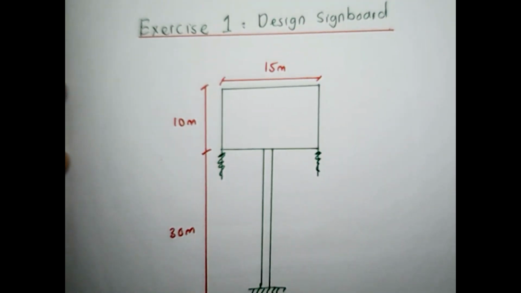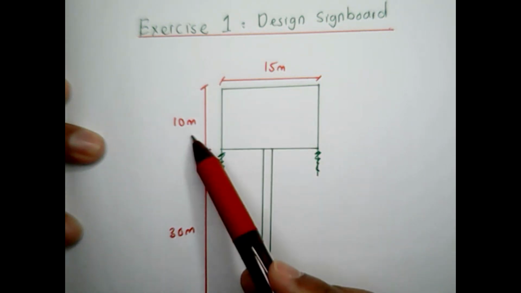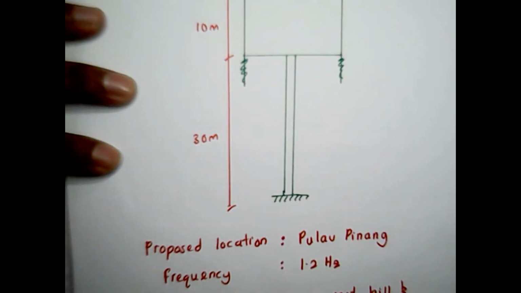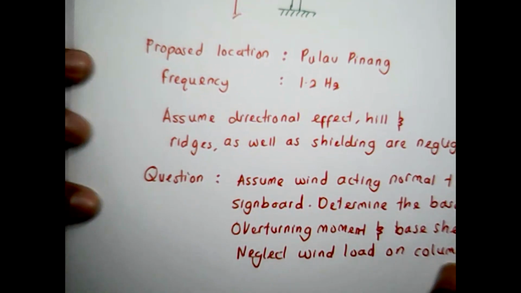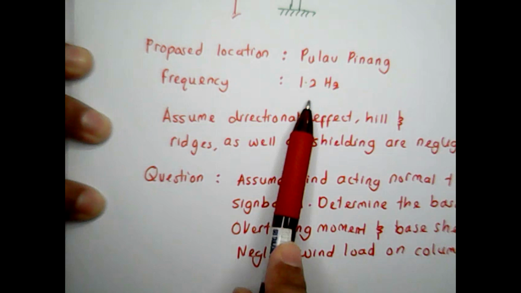So this is the question. The signboard is 15 meter by 10 meter, and then you have 30 meter, and the proposed location is at Pulau Pinang. Frequency is 1.2 Hz.